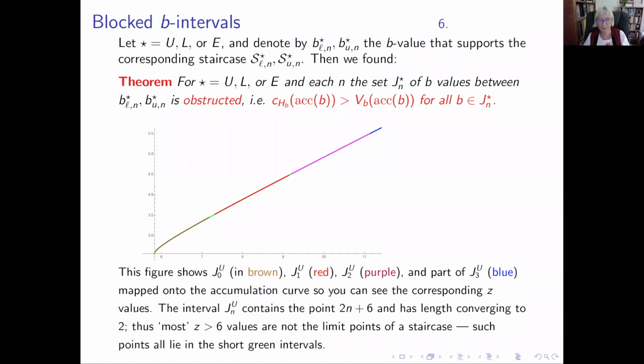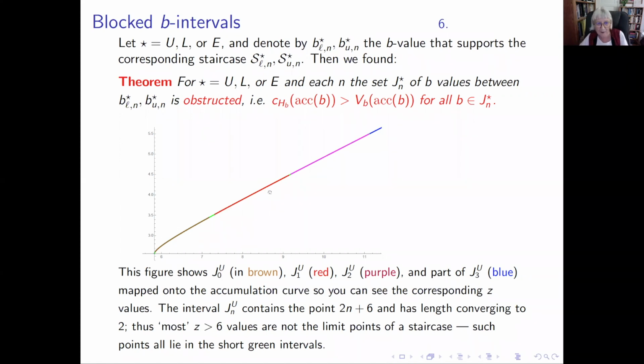Here is a picture which draws a little bit of the upper family. This is what I call JU0, the interval that's blocked by the bottom one of those U classes. Our first staircase, the descending staircase, exists on this value of B, and there's an ascending staircase which lives on that value of B. Then we have a little green interval which we don't know, that contains 4-periodic, 6-periodic, 8-periodic, many, many staircases, but we haven't figured that out.